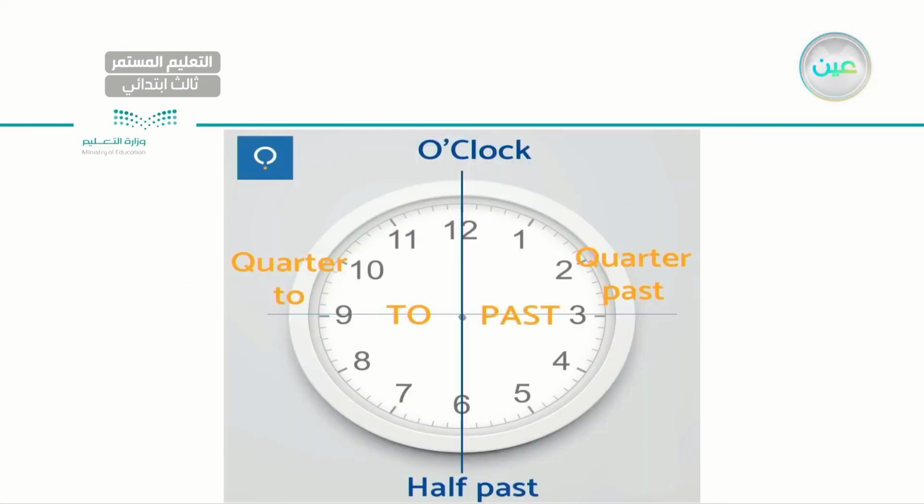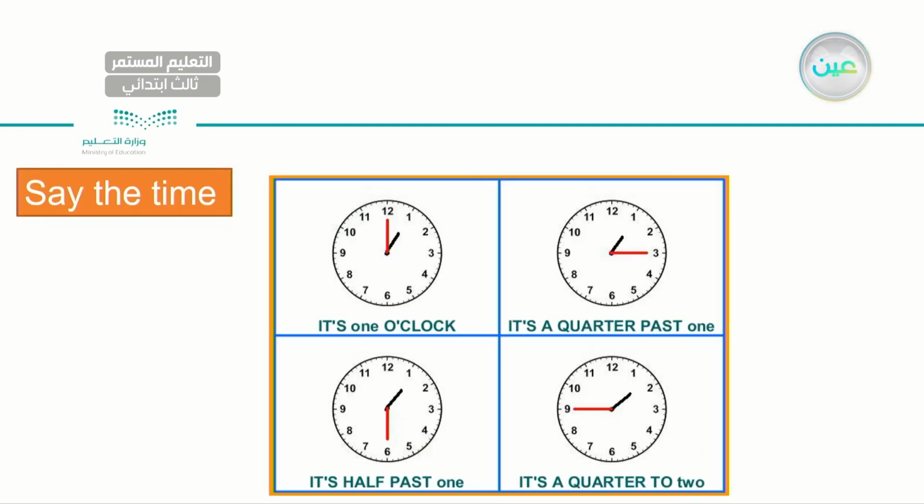Quarter to 12. Very good. As you can see in this one, the one in the middle, to your left, I will use past: 5 past, 10 past, quarter past, half past. And then we will be using quarter to, 10 to, and so on. Very good. Excellent, my dear student.